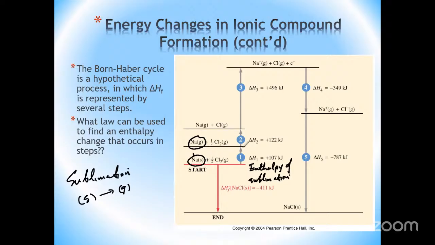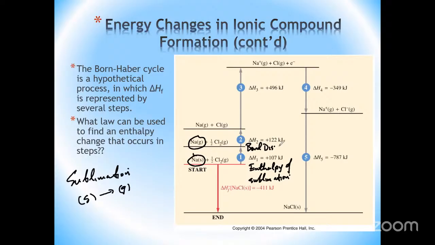And then now, to go from chlorine molecule to chlorine atoms, that is called atomization, right? Another term that is used, which I think I'm going to stick to, actually, is bond dissociation energy.